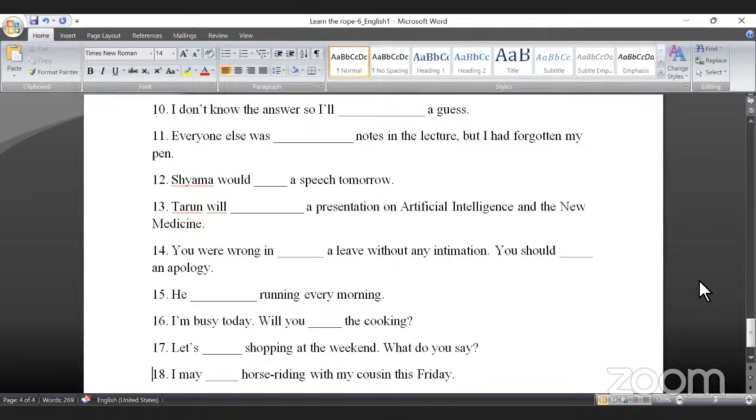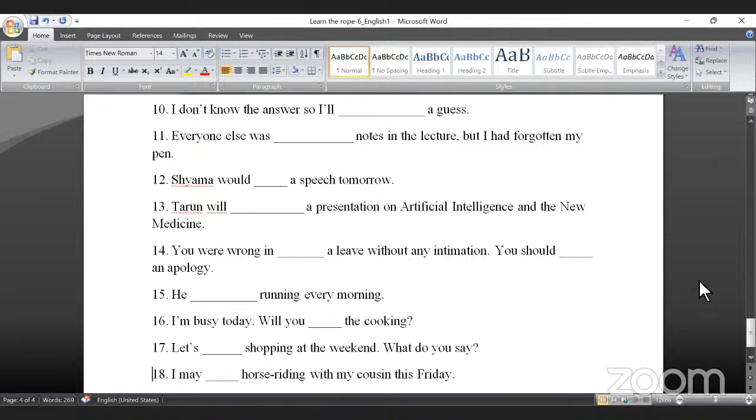All ing noun forms are going to take the verb go or do with them, depending on what you're talking about. Shop is a noun and shopping is also a noun.